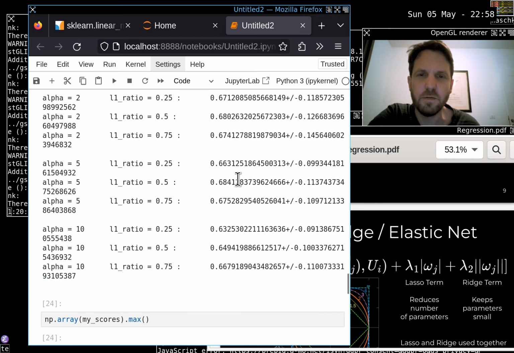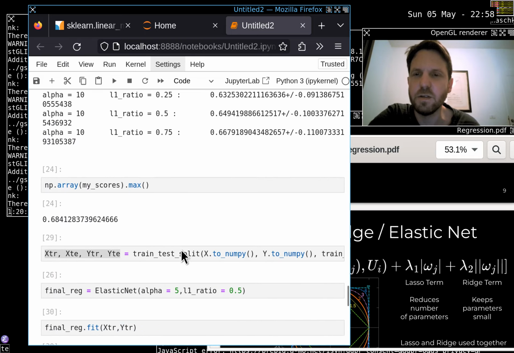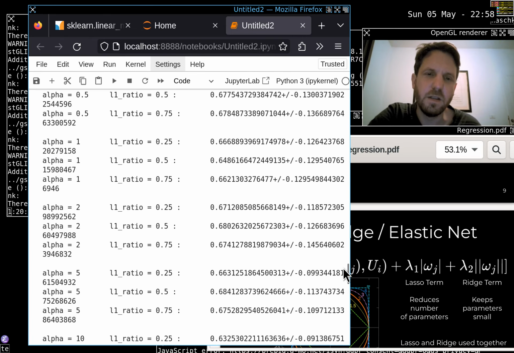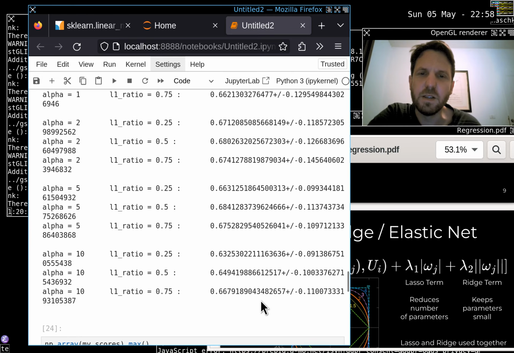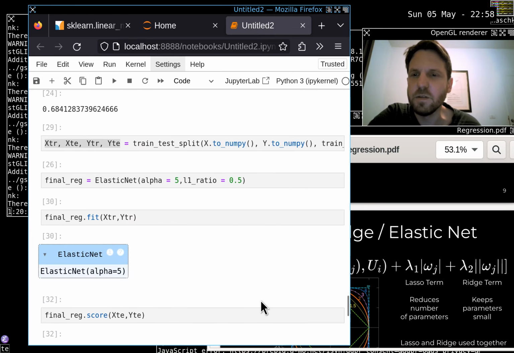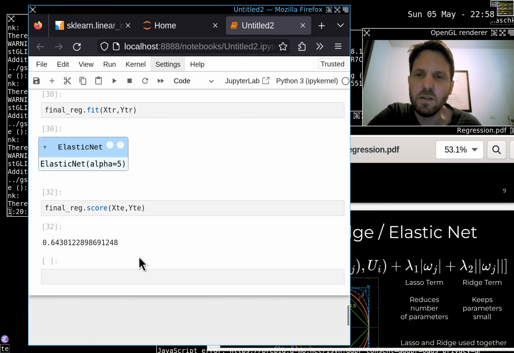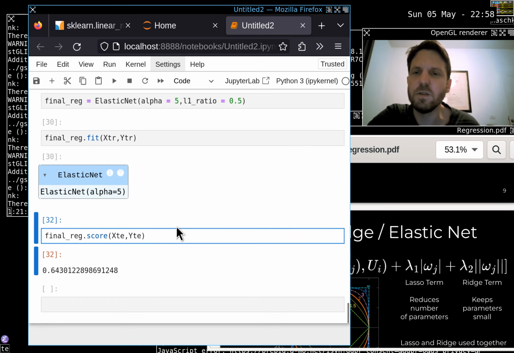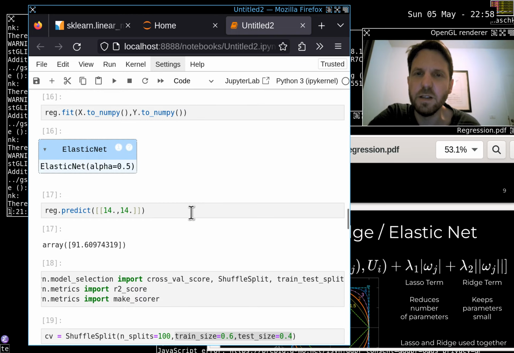We have shown how to find the best one and how to fit it, and the best one is in the neighborhood of what we expected, but we get 0.64. That's the way it is. This is what we built here, and we can use this final regressor to predict from the two radii a new perimeter value in our data set.